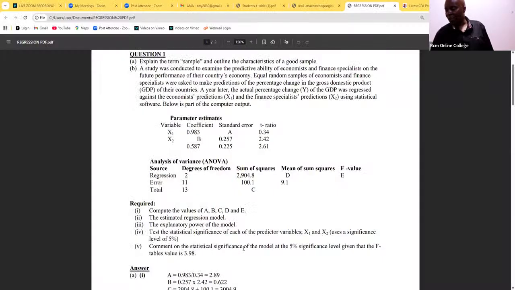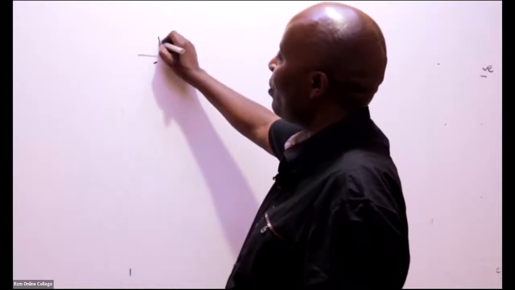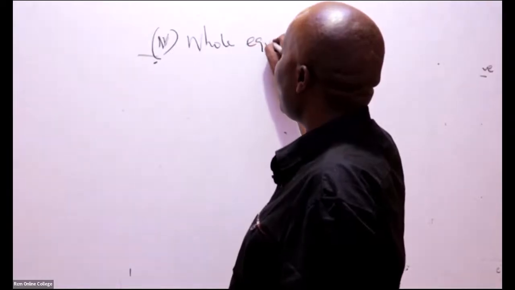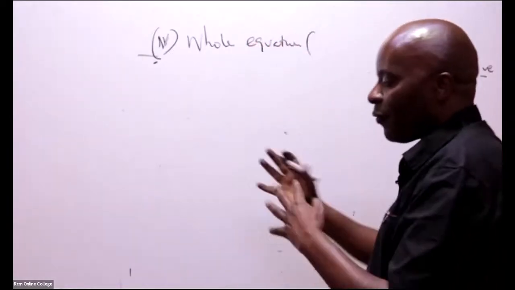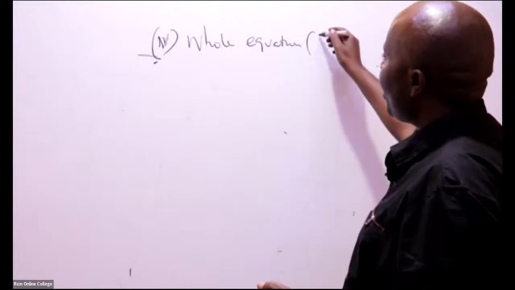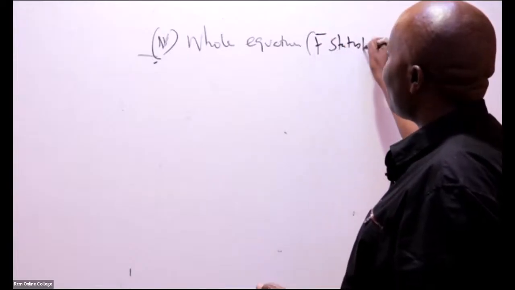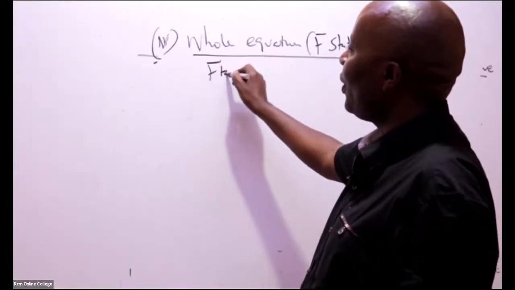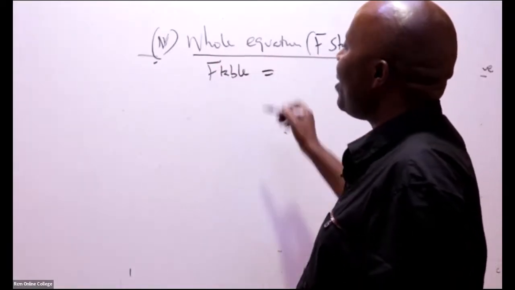So you can see, like here, comment on the statistical significance of the model at the 5% significance level, given that the F table's value is 3.98. Now, in this case, we are looking at a whole equation, number 5 actually. The whole equation, you do the F comparisons. So in this case, it is the F statistics, where you start with the F table.